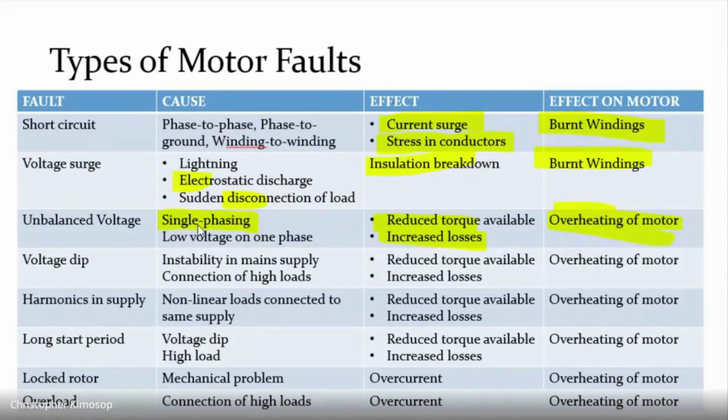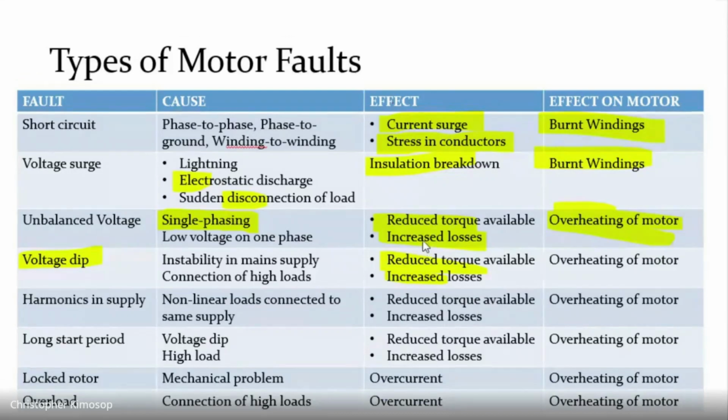Right? Voltage dip is the next one. If you have lower voltage, that means the amount of power you are supplying into the motor is less than what is expected for the load that you are running. What might happen in that case is you have reduced torque available and increased losses, and therefore your load will exceed what the motor can supply.